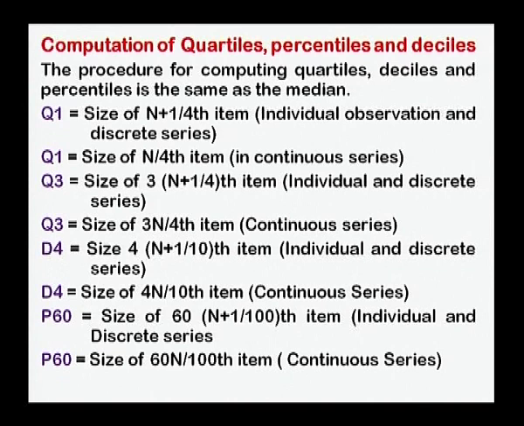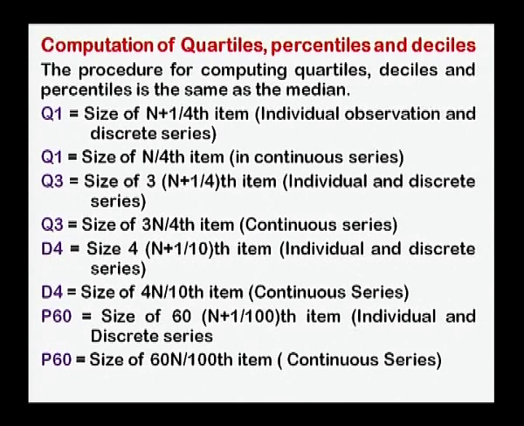But in case of continuous series, we apply this formula: D4 is equal to size of 4n divided by 10th item. In case of percentile, percentile 60 is calculated: size of 60 times (n plus 1) divided by 100th item, and we use that in respect of individual and discrete series.